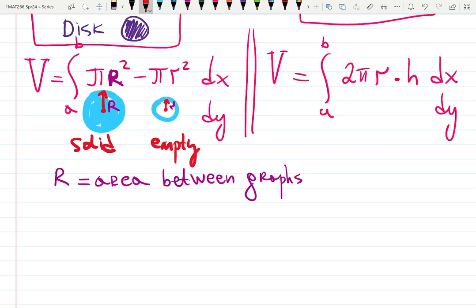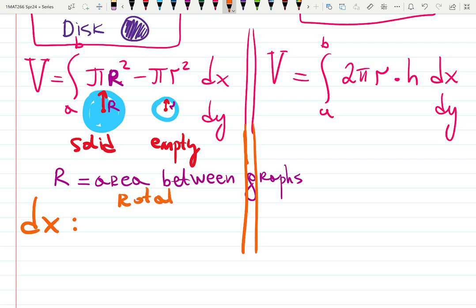Now, if it is dx, let me do it like so. The dx case is rotation about what axis? X-axis, thank you.